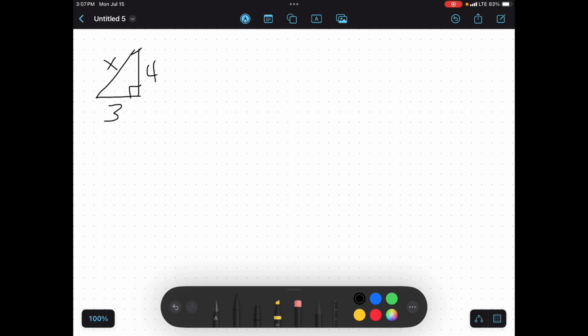The only difference is we're using a 90-degree angle instead of a 60-degree angle. So it's going to start the same way. The x squared, the unknown, is equal to 3 squared plus 4 squared minus 2 times 3 times 4 times, and I left myself enough room here this time, cosine of 90 degrees.